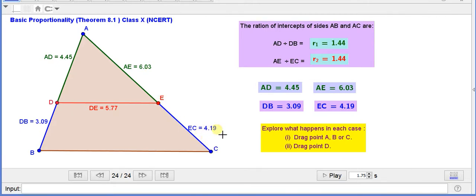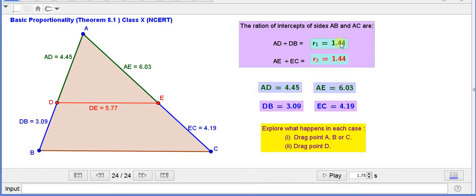We can see these values here, and their ratios. The ratio of AD by DB is given here, and AE by EC is given as R2, and it is 1.04, and R1 is also 1.44.